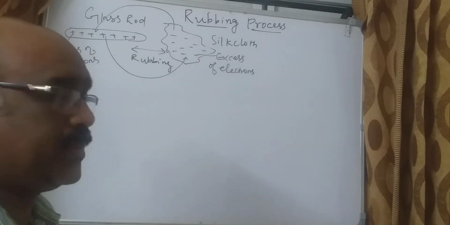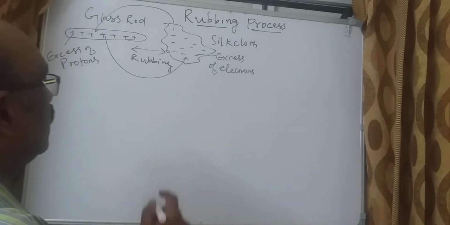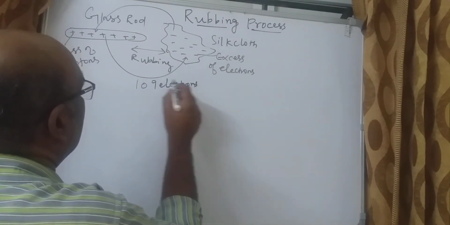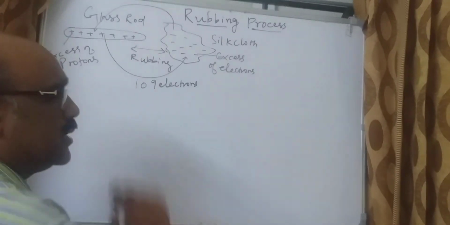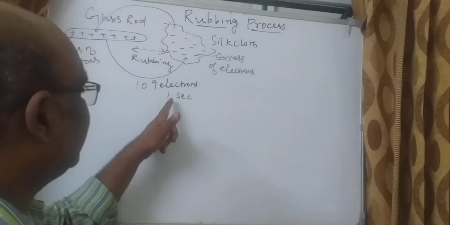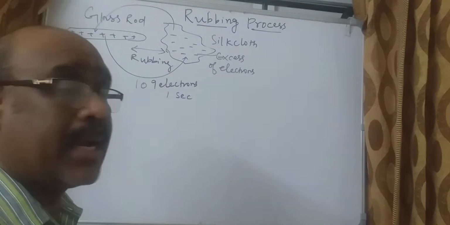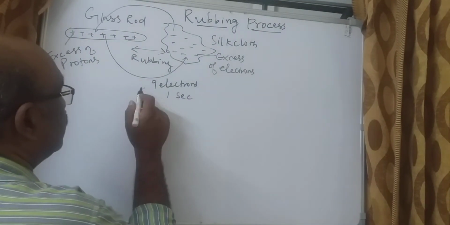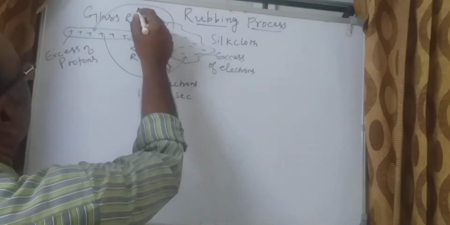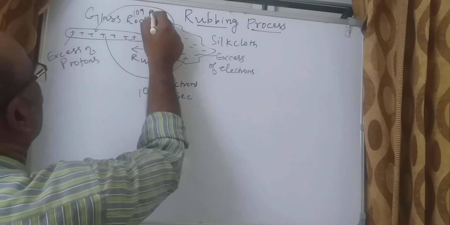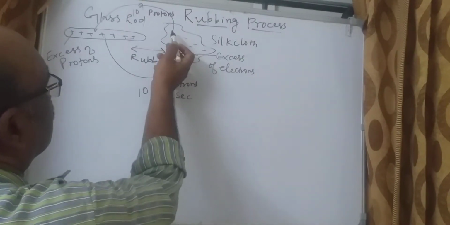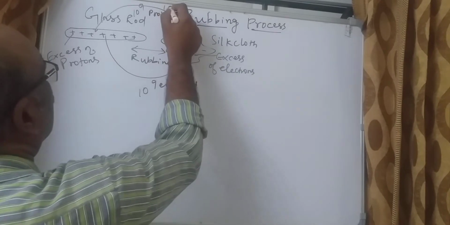And the glass rod becomes positively charged. Let us consider now that 10 to the power of 9 electrons are transferred from the glass rod to the silk cloth in 1 second. In the same way, 10 to the power of 9 protons get transferred from the silk cloth to the glass rod, that too in 1 second.